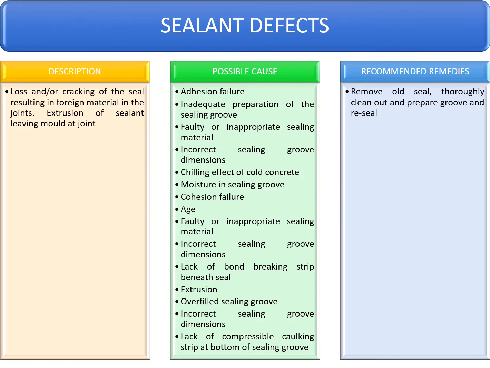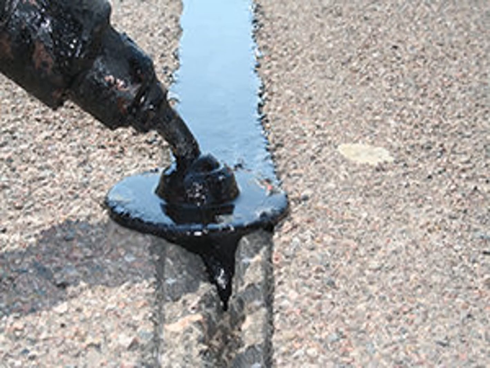The recommended remedies are to remove the old seal, thoroughly clean out the junction or the section, prepare the groove and reseal it with a fresh material. This is the photograph she is showing, of how the sealing can be done. It looks like excess is being poured on top of the joint.